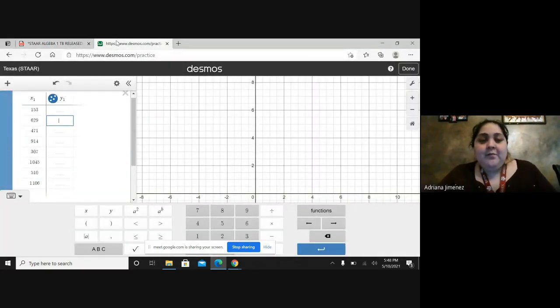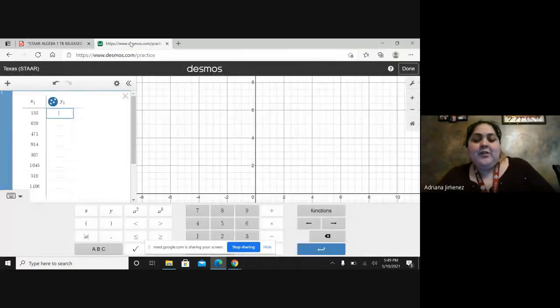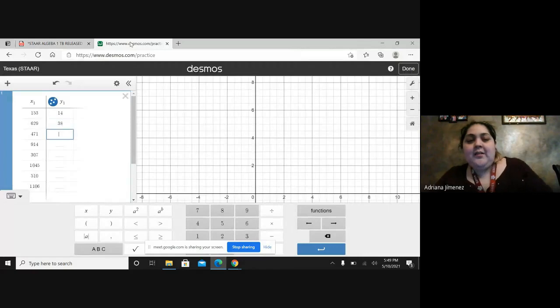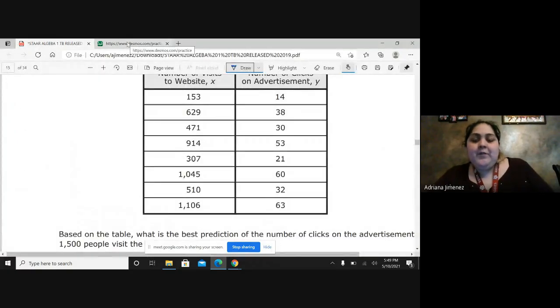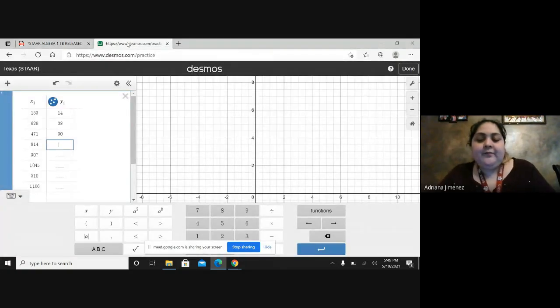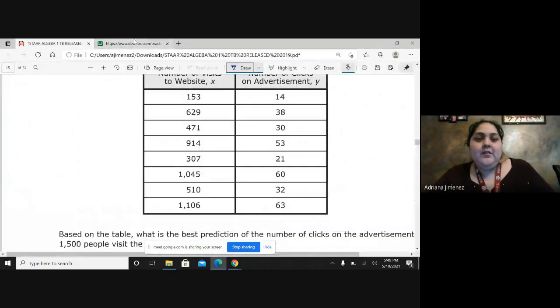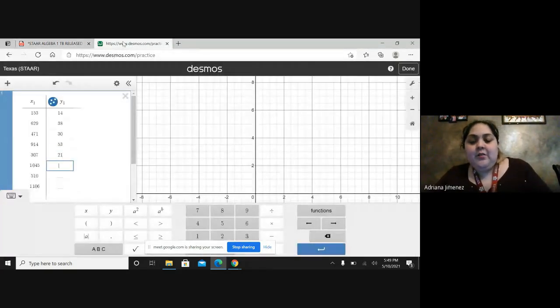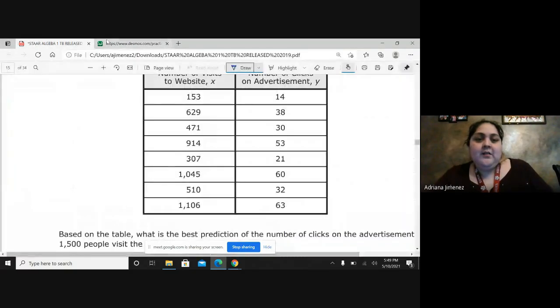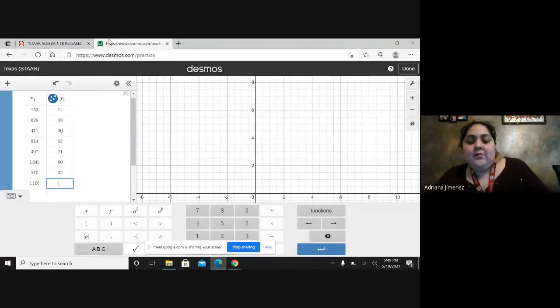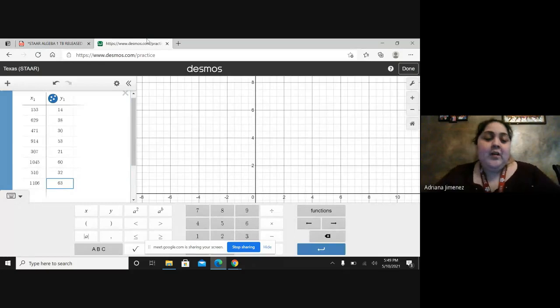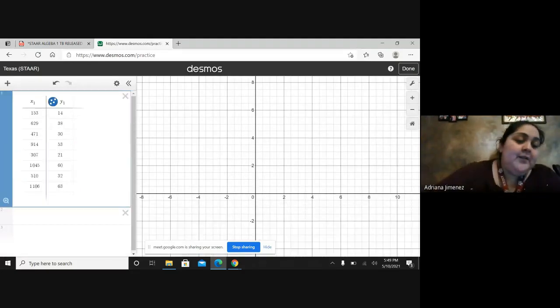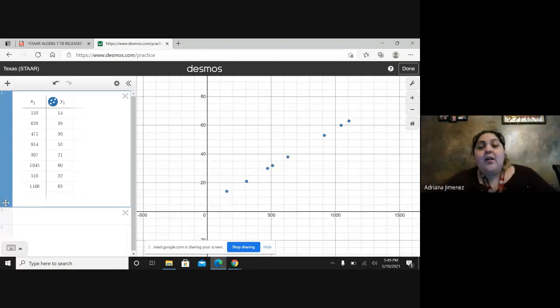Go to the other side, we type in those numbers. 14, 38, 30, 53, 21, 60, 32, 63. Okay, we're going to hit the magnifying glass so that we can see all those dots. All right, there they are.